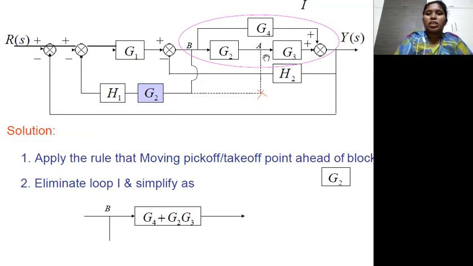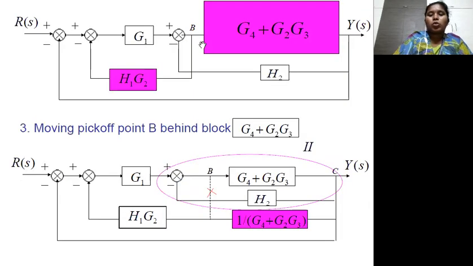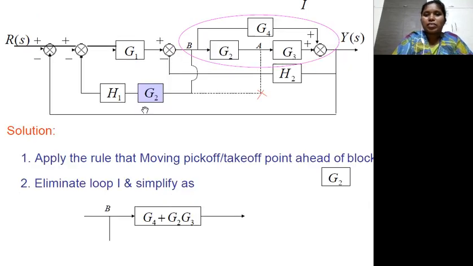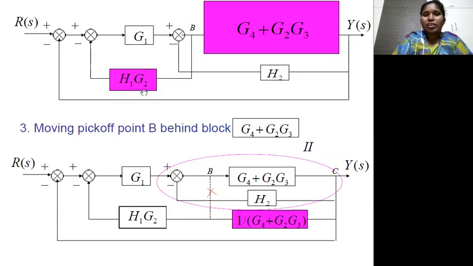If we shift the point A from here to here, then we can simplify this loop. See what I have done here. Previously point A was here, meaning H1 G2 was connected here, but now I moved it ahead of the block.